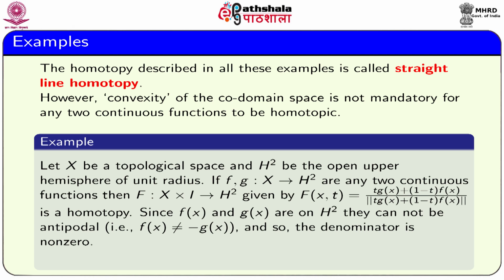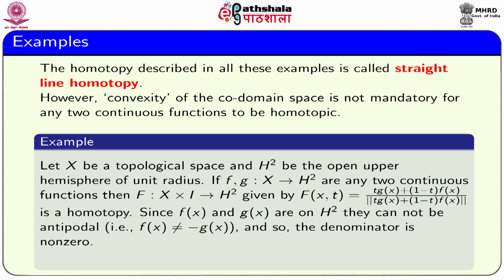We take two continuous functions f and g from X to H2 and define capital F by the formula F(x,t) is equal to (t g(x) plus (1 minus t) f(x)) divided by the norm of (t g(x) plus (1 minus t) f(x)). Then this capital F is also a homotopy.